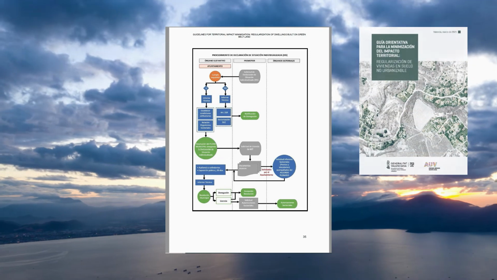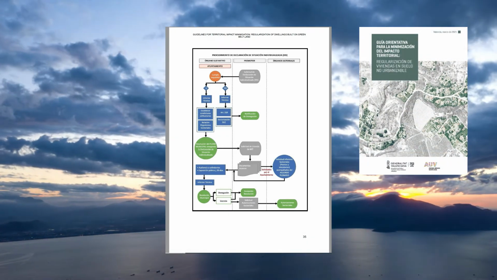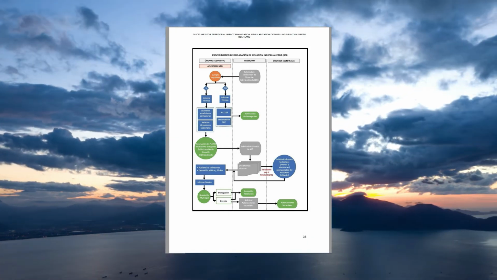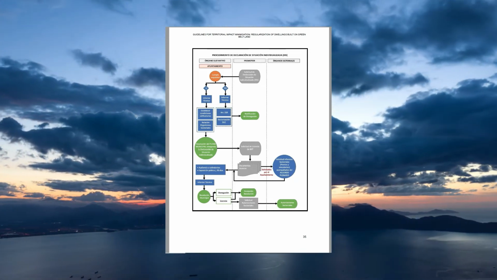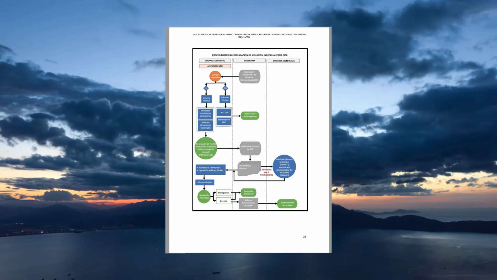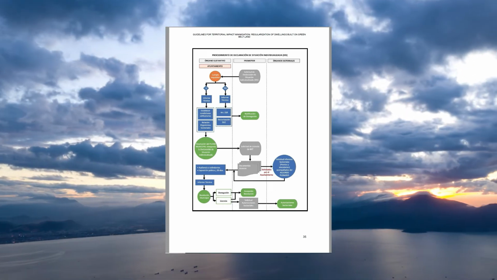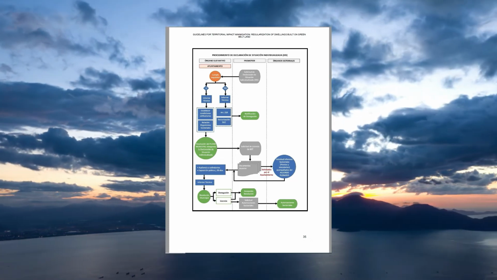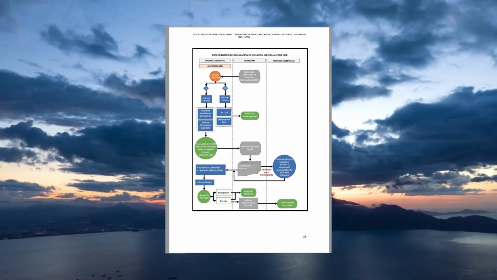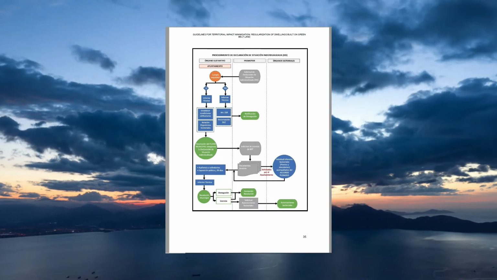So on page 35, we find the exact step-by-step walkthrough of the procedure for the individual declaration. It hasn't been translated, and I understand why. I'm a technical architect, a building engineer, a judicial expert witness.